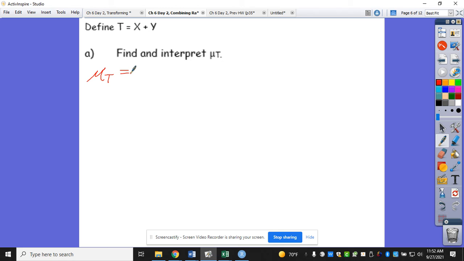So how do I find mu of t? What was mu of x? What was mu of y? For a total of. This one was number of cars sold. This one was number of cars leased. So we know that my units is what?